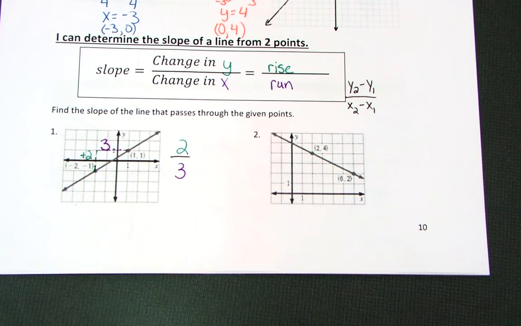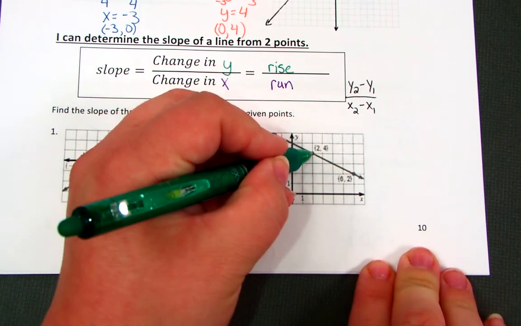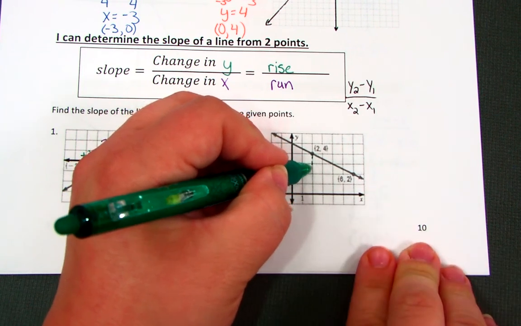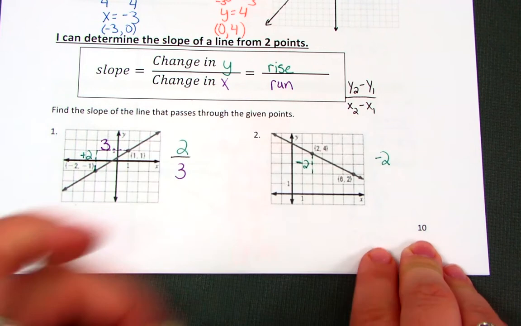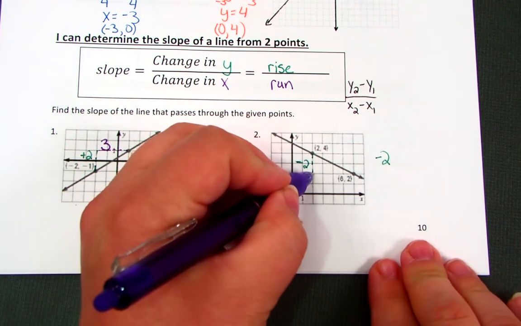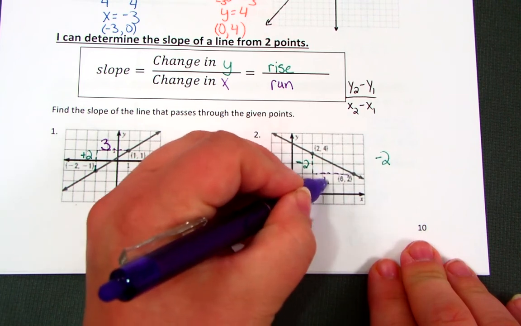Let's take a look at the next one. Height first. So from the left hand point to the right hand point, I'm actually going down 2. So negative 2 is going to go on top. And then I have to move right a total of 4.